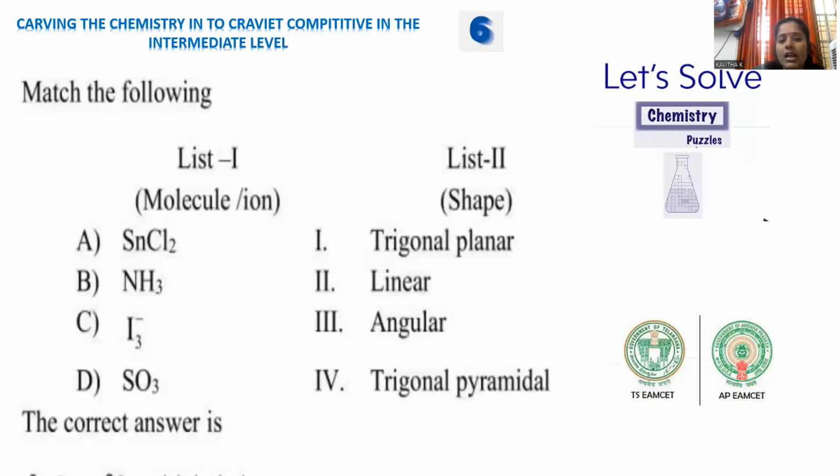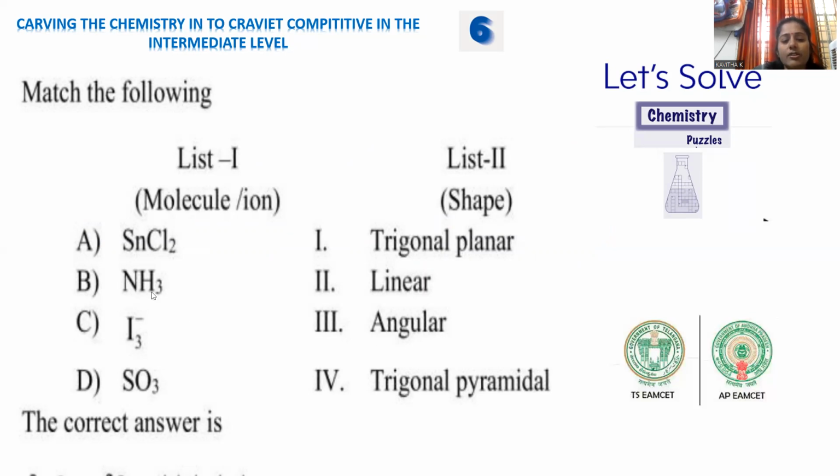Let's move on to the last question of the session, the sixth question. Here 2 columns are provided, list 1 and list 2. Here molecules are there, and their geometry is to be depicted. Here the shape of the molecule is to be depicted. SnCl2 is called stannous chloride. Stannous chloride is given with the angular geometry.